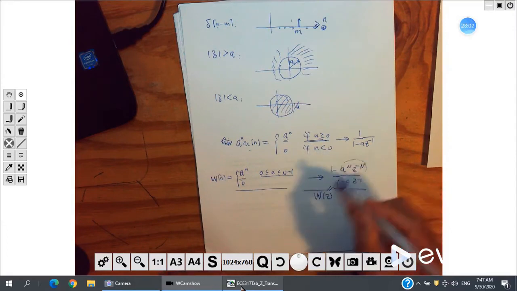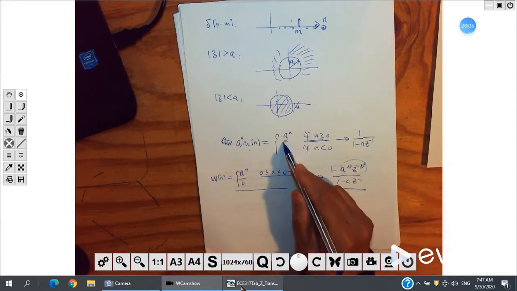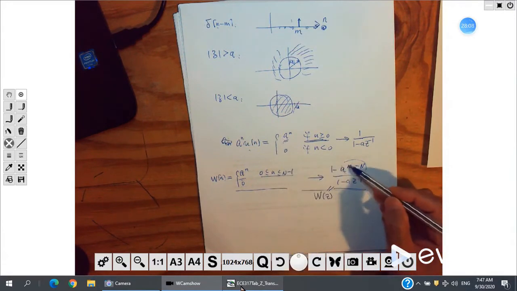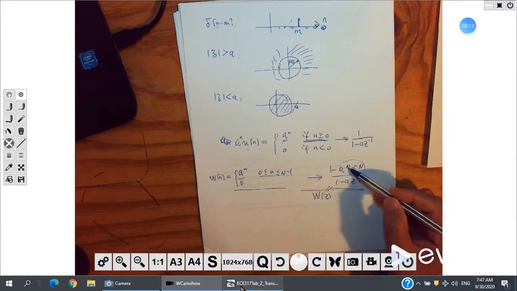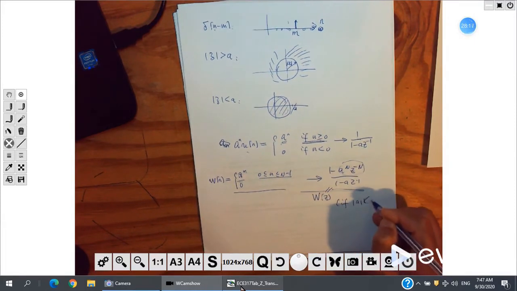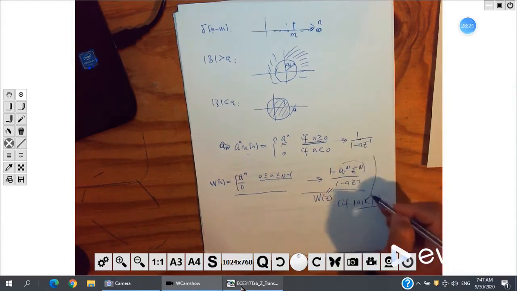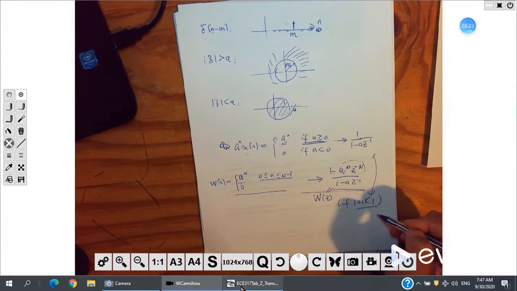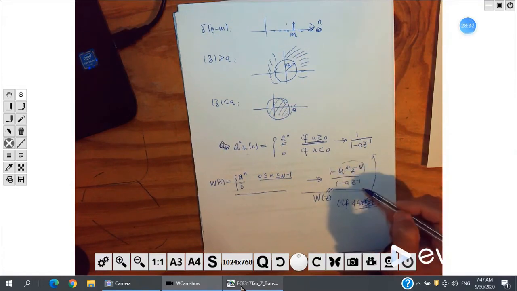You let this capital N go to infinity, you will have the previous one. And here, you let capital N go to infinity, this will tend to be 0. A to the N will go to 0, suppose a is smaller than 1. Then this one will be the same as that. These two will be the same. Alright. But in general, we do not have this requirement. So the limit of this might not be that one for some other a's.